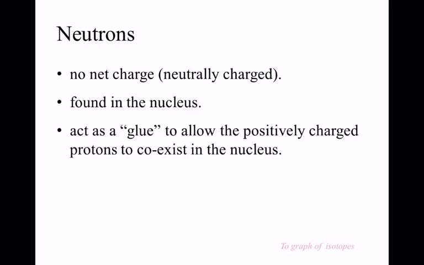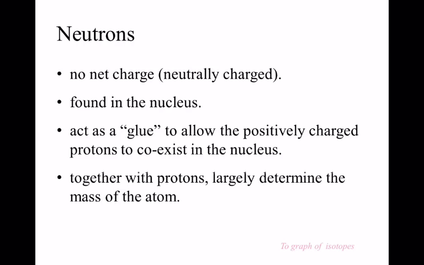Now, I said that like repels like, so if you think of the nucleus in the case of Mercury, you think of 80 protons in the nucleus, and they will repel each other. Actually, the neutrons in the nucleus of that Mercury atom, kind of like Switzerland, give a little space between those positively charged protons. So they act like glue and help the protons coexist.